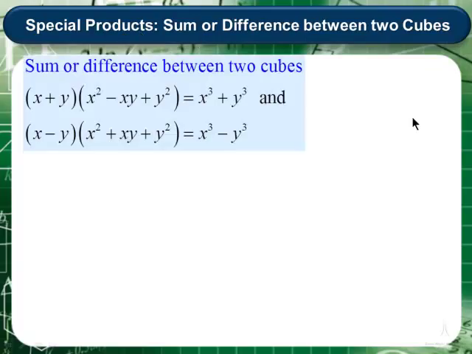To conclude this lesson, let's have a look at the third very important special product called the sum or difference between two cubes. In such a case, we have a product of a binomial and a trinomial, 2 terms, 3 terms, as indicated on the screen, with a special structure.